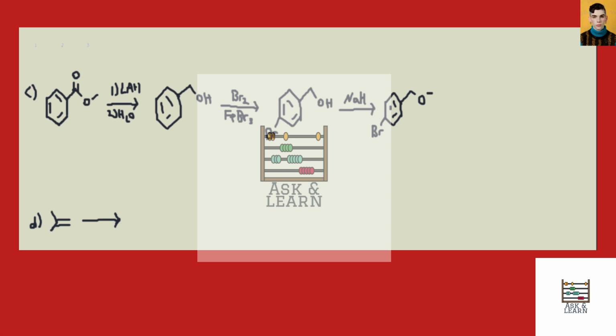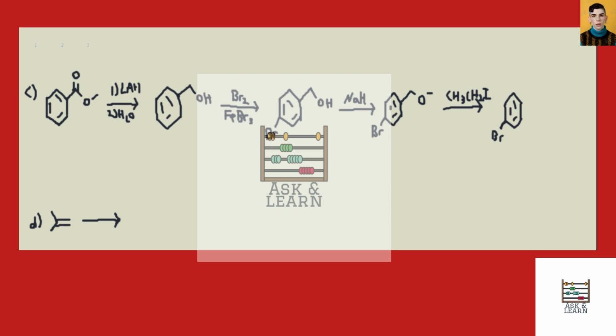In this case, it's the ethyl ester that we're trying to make, or pardon me, the ethyl ether. CH3CH2I, and that is going to get us to our final product here. Okay, so that's C.